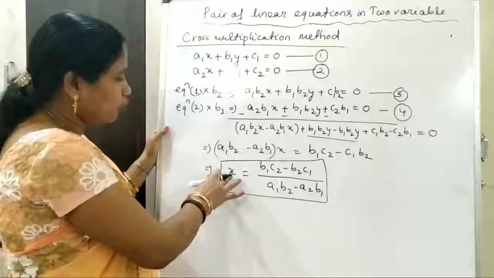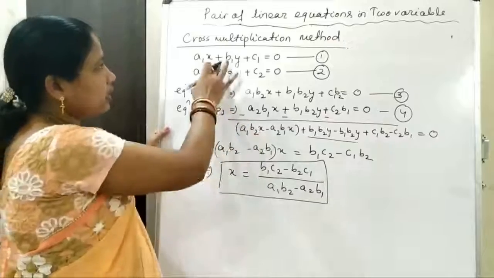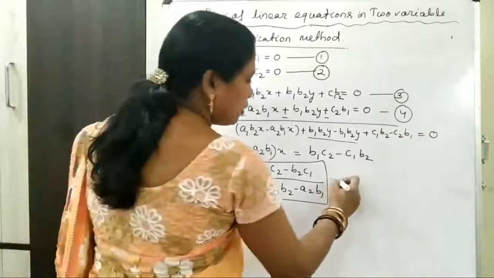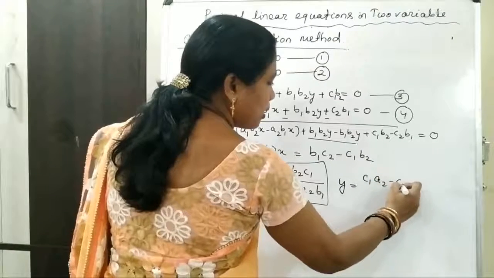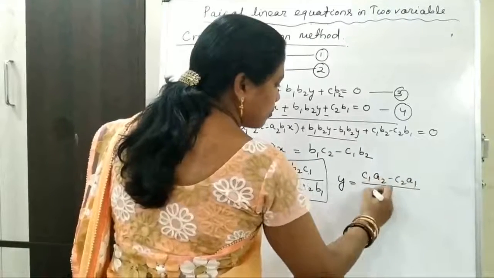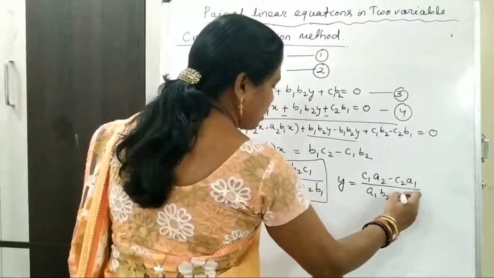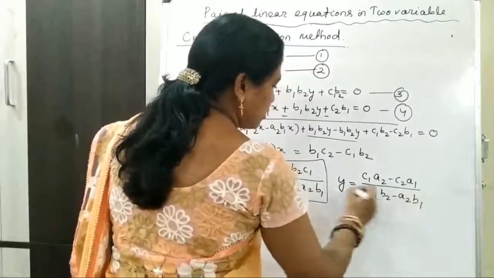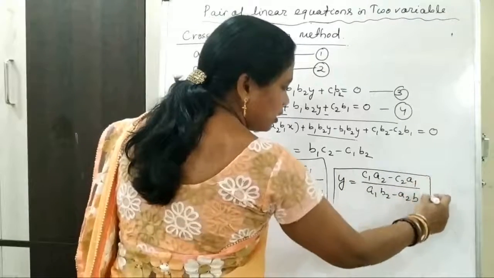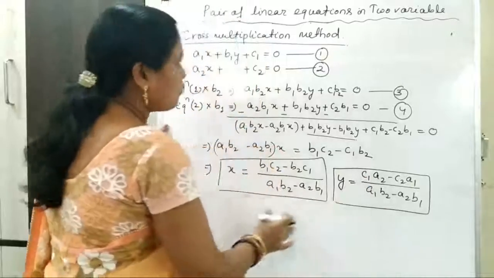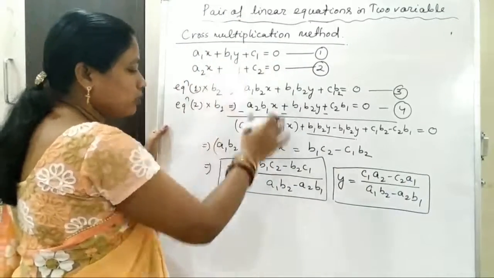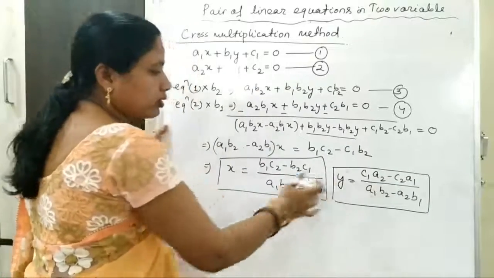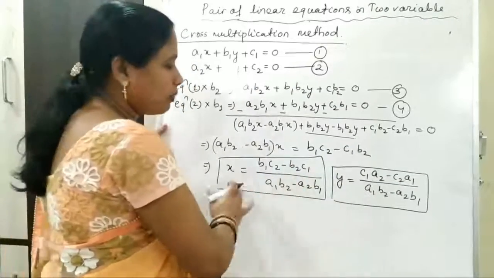If I put the value of x in equation 1, then you will get y is equal to c1 a2 minus c2 a1 by a1 b2 minus a2 b1. In this way, if we put the values of a1 b1 c1 a2 b2 c2 in this formula, we will get the values of x and y.